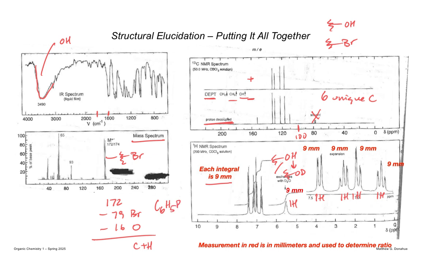We know from mass spec there's a bromine. We know from IR there's an oxygen. So how many degrees of unsaturation will that molecular formula have? So C6, bromine's going to add, so that becomes H6.